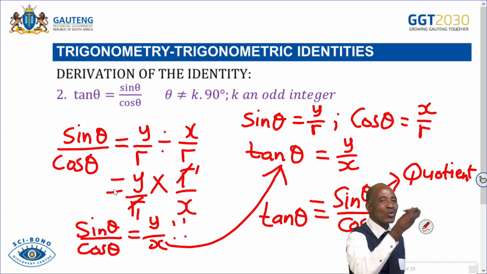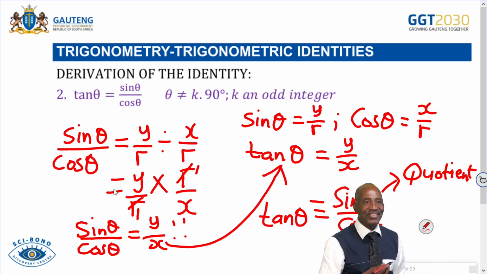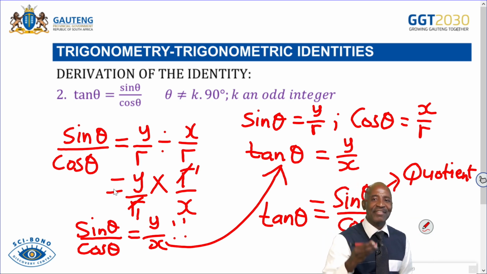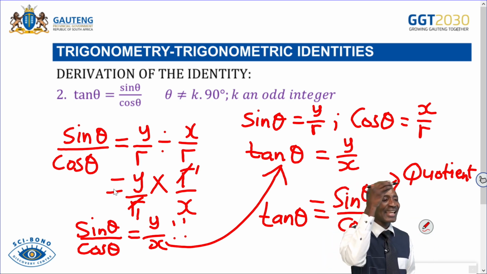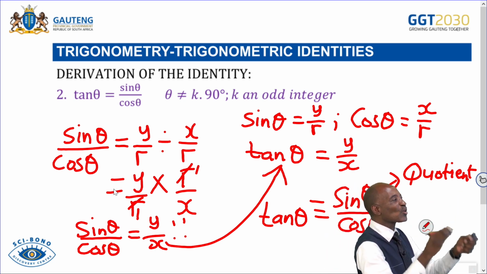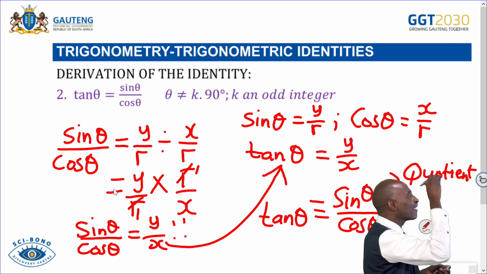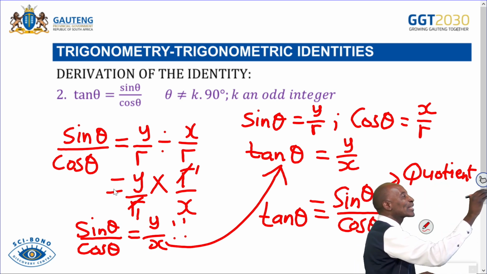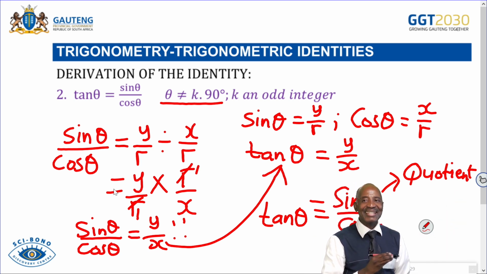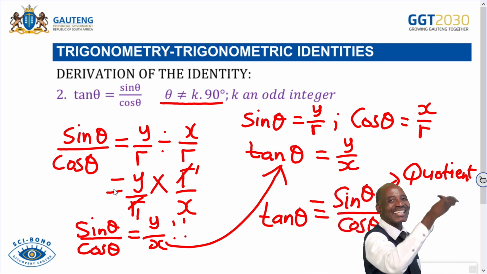When you move on to an odd number, you take a 3. You multiply 90 by 3, you get 270. It's also going to yield a 0. So this identity does not work for those values of theta that are 90 degrees times odd integers.